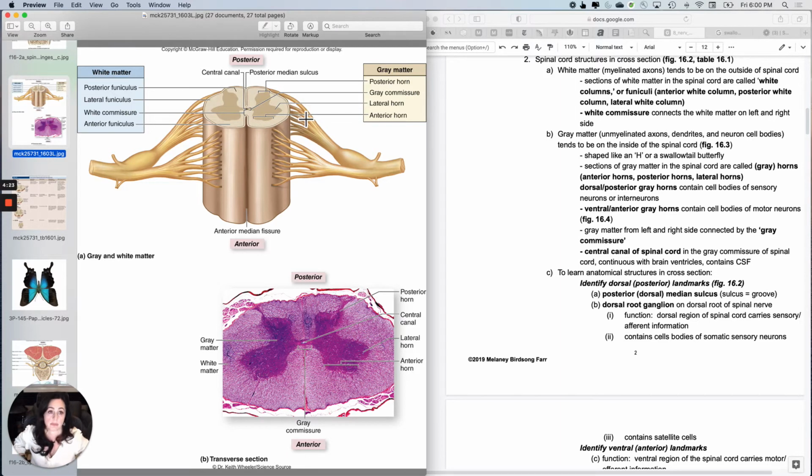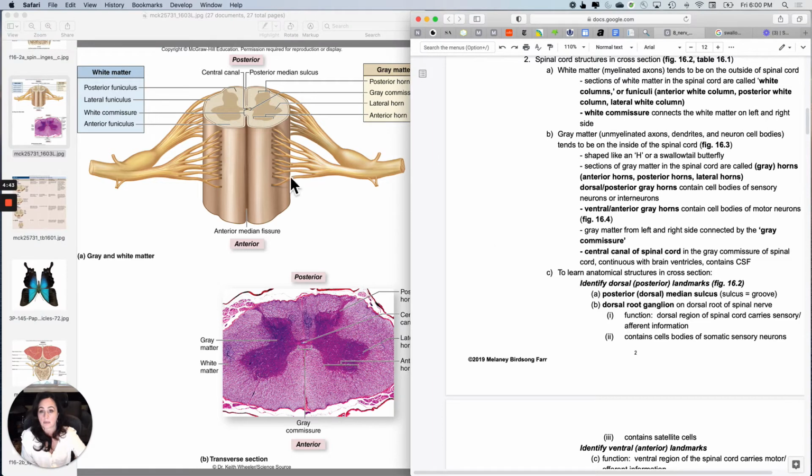Either one is fine with me. And then there is some white matter that connects the left and the right sides. That white matter is called the white commissure. Remember that a commissural tract, for instance, connects the left and the right side.